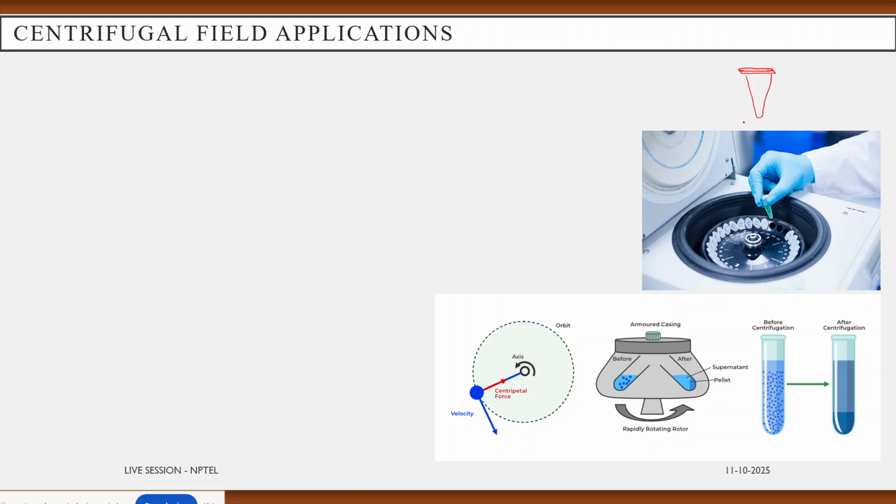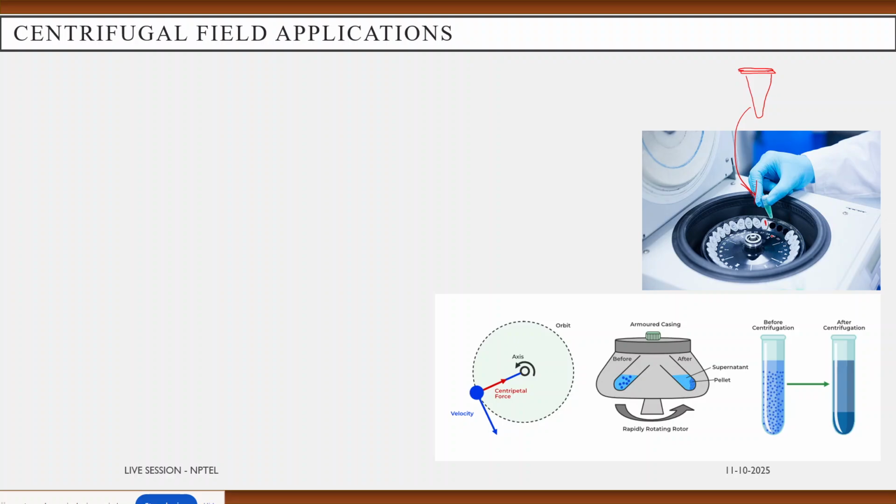These tubes are inserted into the designated places, and most of the time, if you are putting a tube in position number 1, it should be counterbalanced.